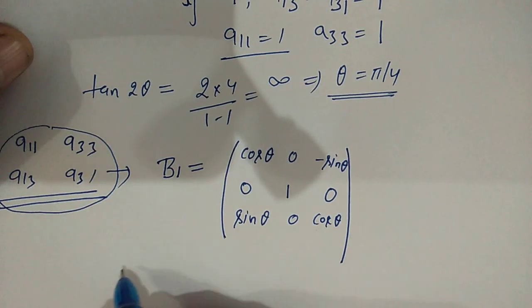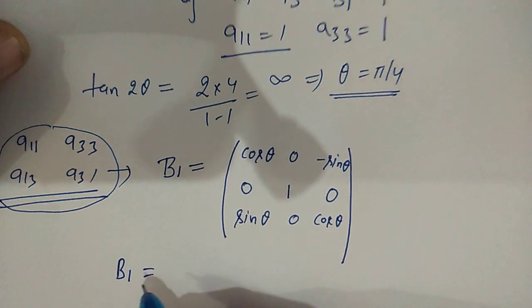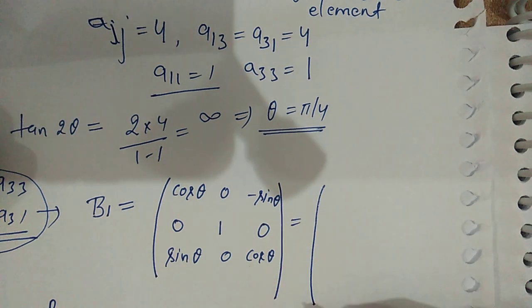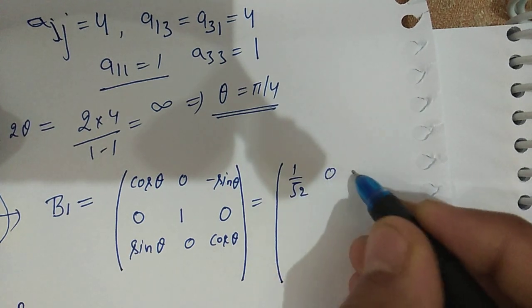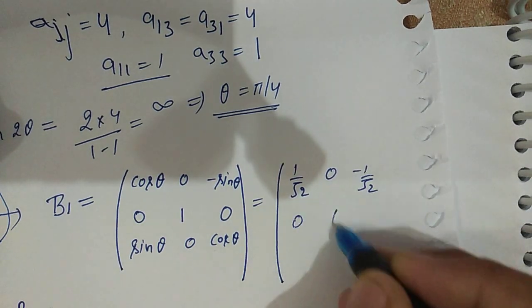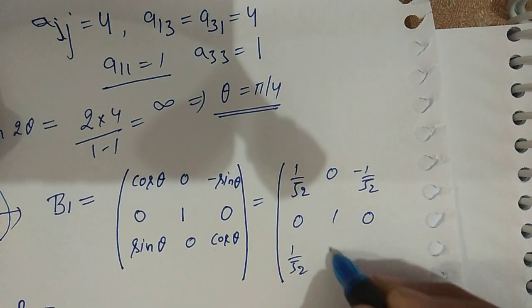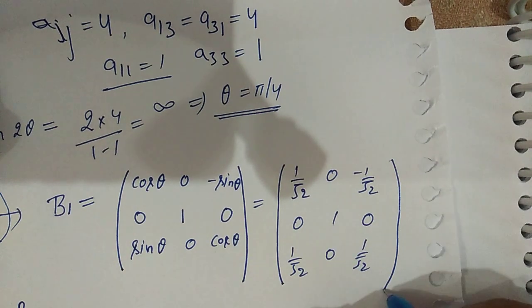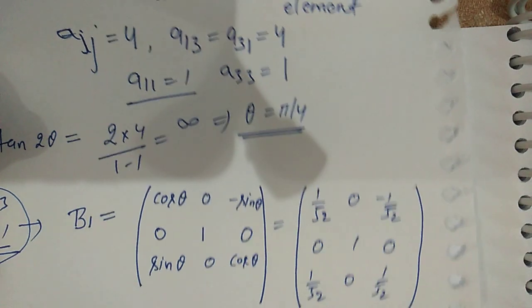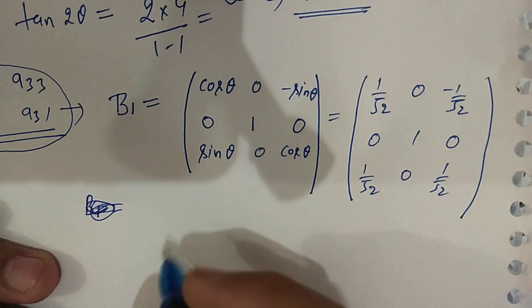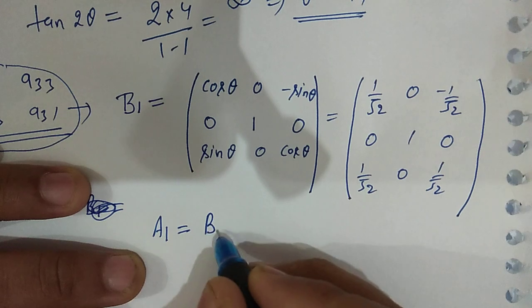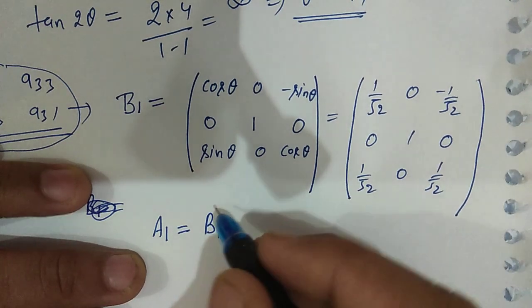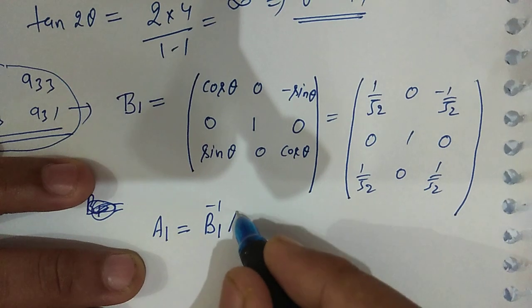Now theta equal to pi by 4, so if you put theta equal to pi by 4, B1 can be written as 1 by root 2, 0, minus 1 by root 2, 0 1 0, and 1 upon root 2, 0, 1 upon root 2. So this is your B matrix. Now we find the A1 matrix, which is B1 inverse A B1.